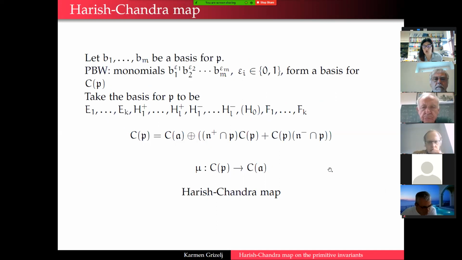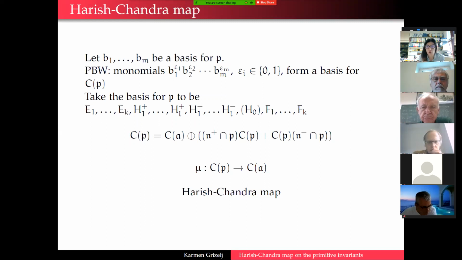And finally, let's introduce this Harish-Chandra map in the case of the Clifford algebra. We can use the Poincaré-Birkhoff-Witt theorem for the Clifford algebra in this way. If we have a basis for P, then monomials of the form where we either include a basis element or not form a basis for the Clifford algebra.